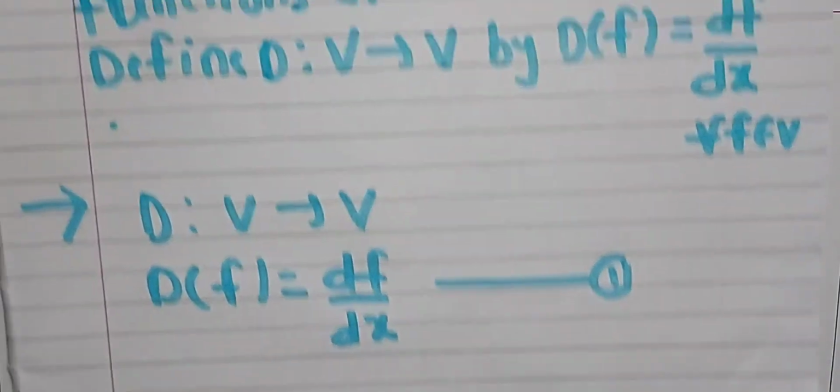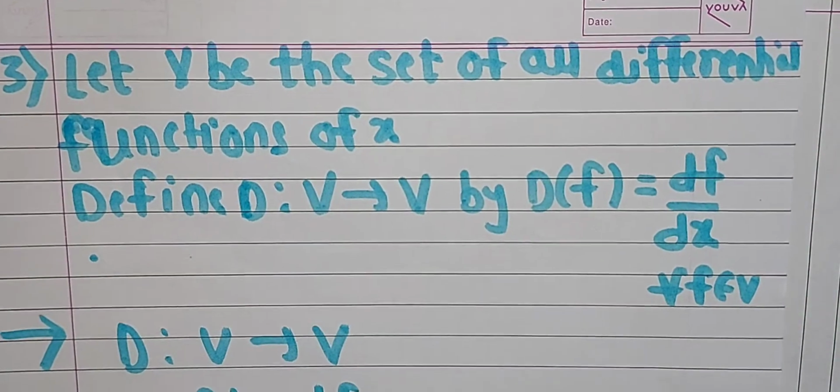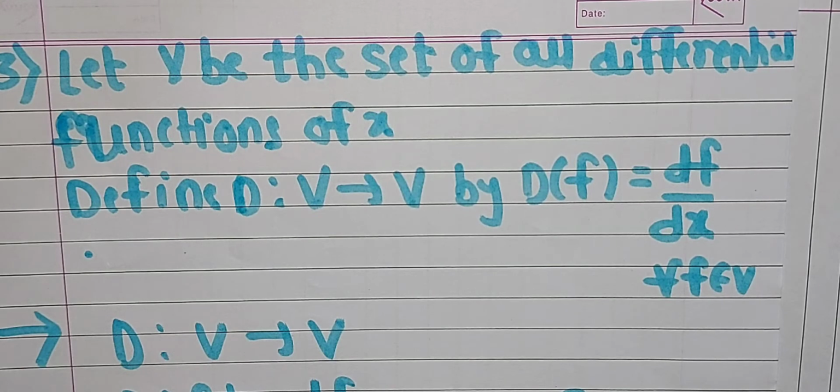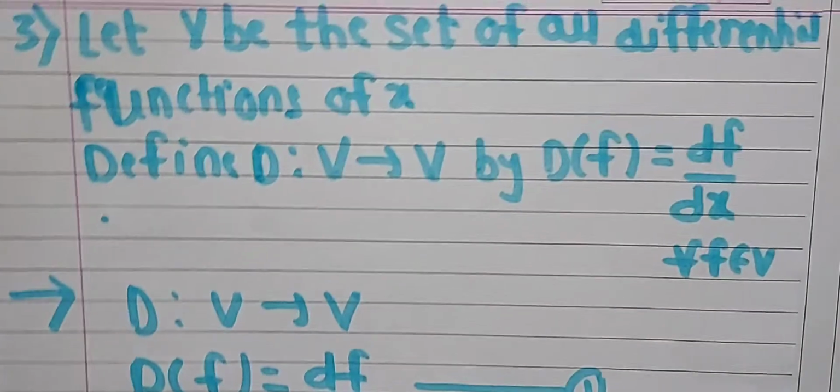Now to prove this differential operator is also a linear transformation, we only have to prove two conditions. The first condition is the transformation with respect to addition, and the second is the transformation with respect to scalar multiplication. For that purpose, consider two elements from this function space.